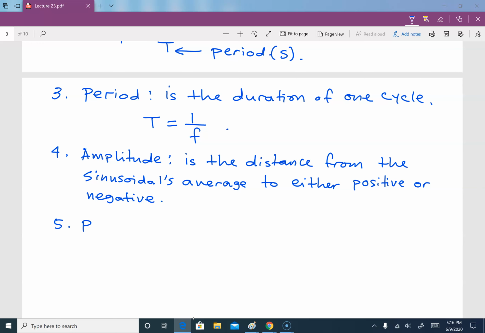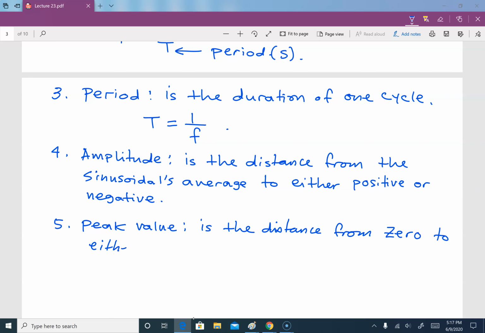Then we have what we call the peak value. The peak value is the distance from 0 to either positive max or negative max.